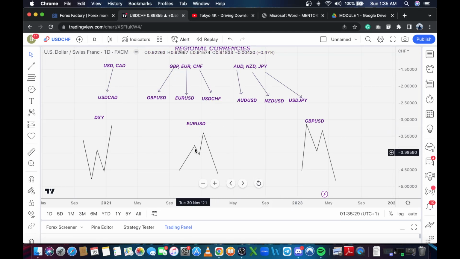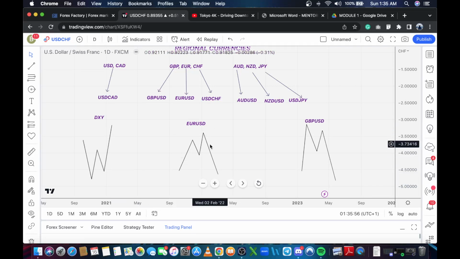Because euro is supposed to make a lower high because dollar is making a higher low. But euro is not making a lower high. Instead, euro is making a higher high. What's happening there? This run higher is the stops run, the short stops. That's a stop run. This is what we call professional distribution.